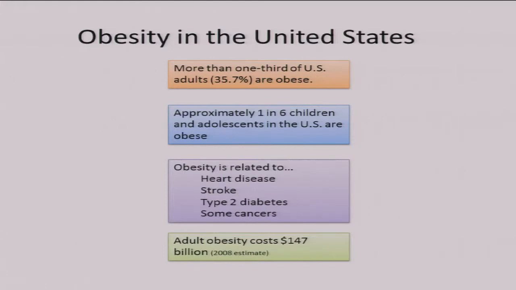And why is obesity important? Well, obesity isn't that important of a health outcome in itself, but it's on the pathway to a number of different chronic disease endpoints. Things like having a heart attack, having a stroke, being at risk for type 2 diabetes, and it's a risk factor for a number of different cancers as well.